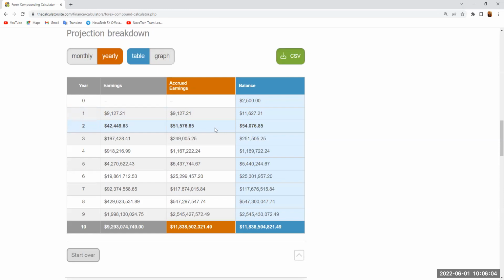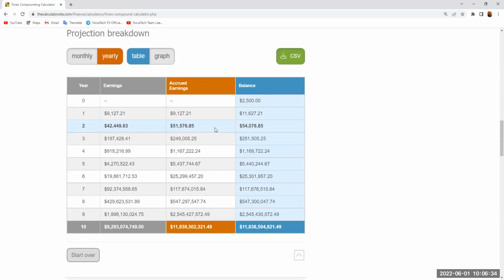$51,576.85. Now this is enormous because remember, we only invested $2,500 one time out of pocket. And all we did is every Friday, when we receive our return on investment, we go in and tick a few boxes, takes us all of 45 seconds.